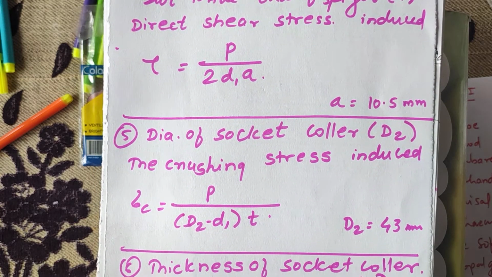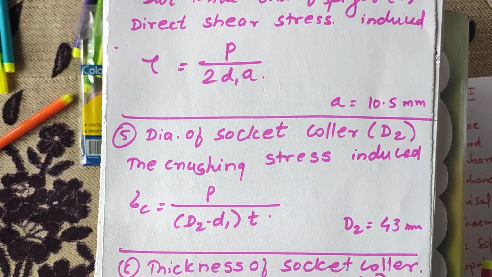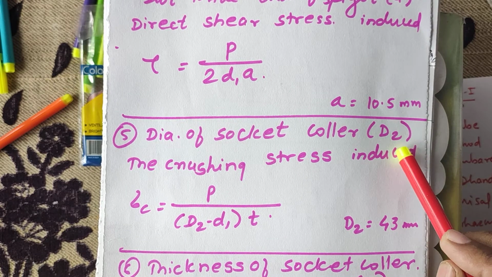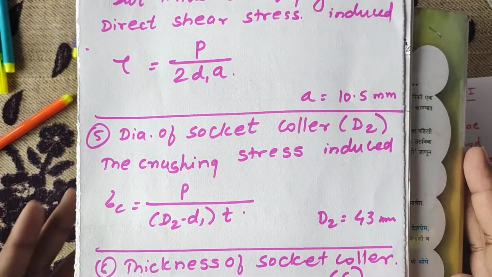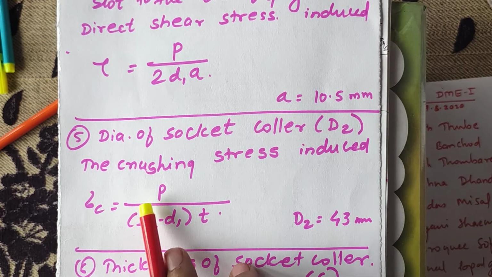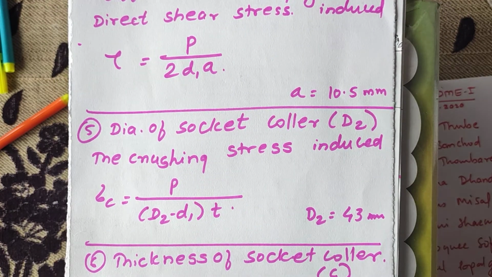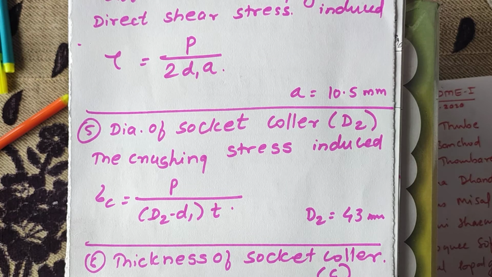The next dimension, fifth one, the diameter of the socket collar, capital D2. For this we'll consider the crushing stress acting on the slot of the socket collar.